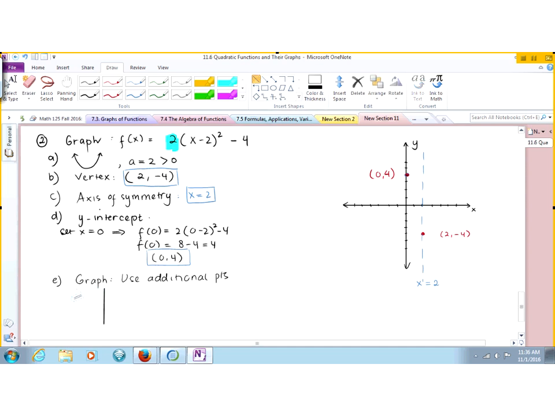We're almost done. So what x do I choose? So y is equal to 2 times (x minus 2) squared minus 4.